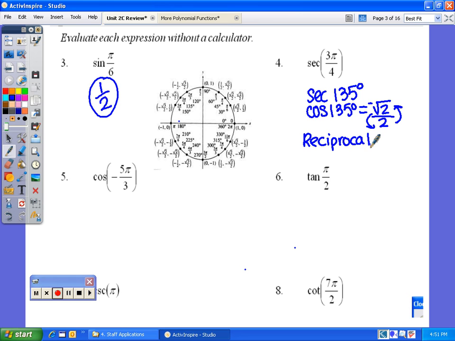So the reciprocal would be 2 over negative square root of 2. As you know, you are not allowed to have a radical in the denominator. So we multiply by that radical, and we're left with negative 2 square root of 2 all over positive 2. Now the 2s can cancel out, and your final answer would be negative square root of 2.